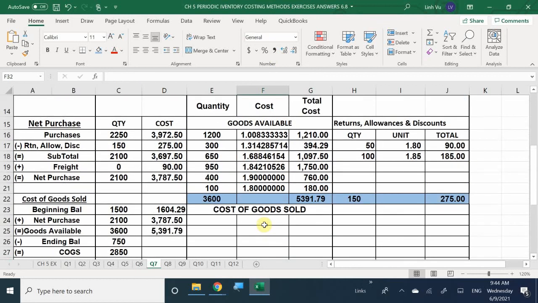Our costing method is going to be LIFO, so last in are the first ones out. Which batch am I going to take out first? 100 at $1.80. We know that's 180, since we're going to get rid of the entire batch, and I will cross it out.